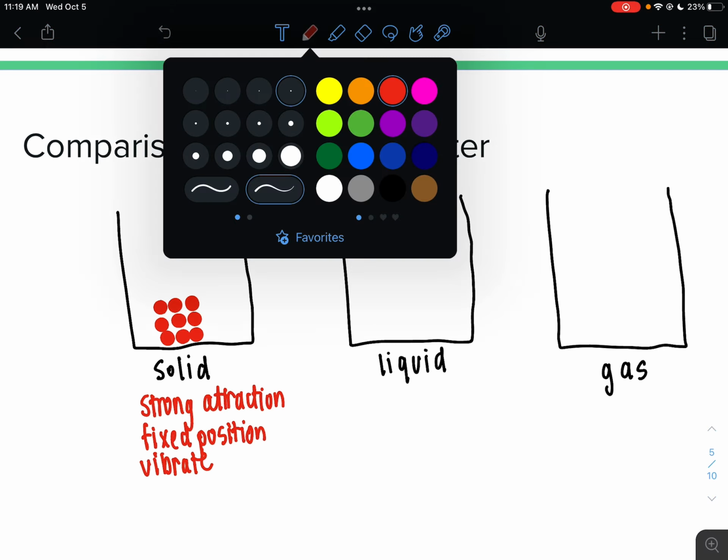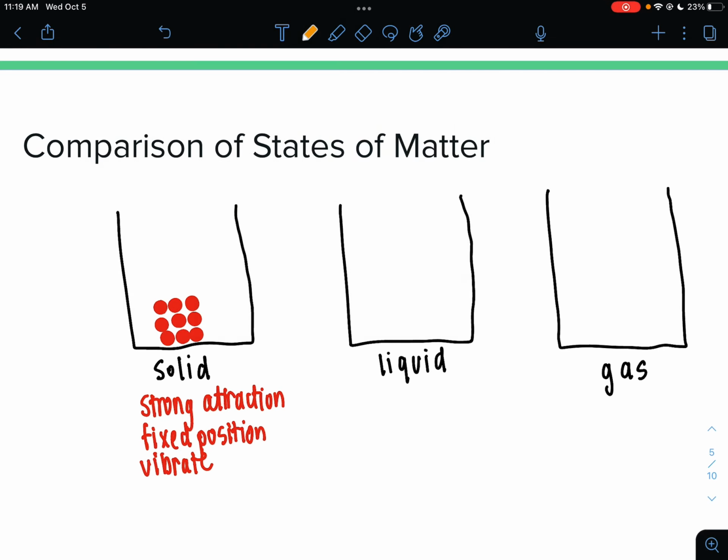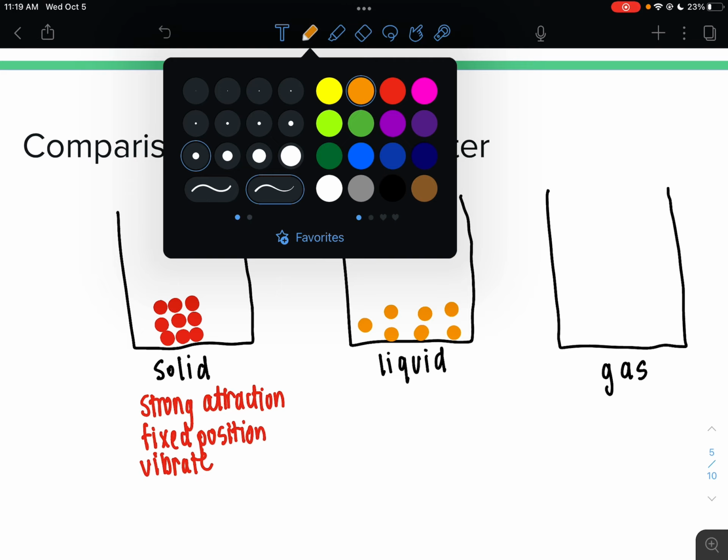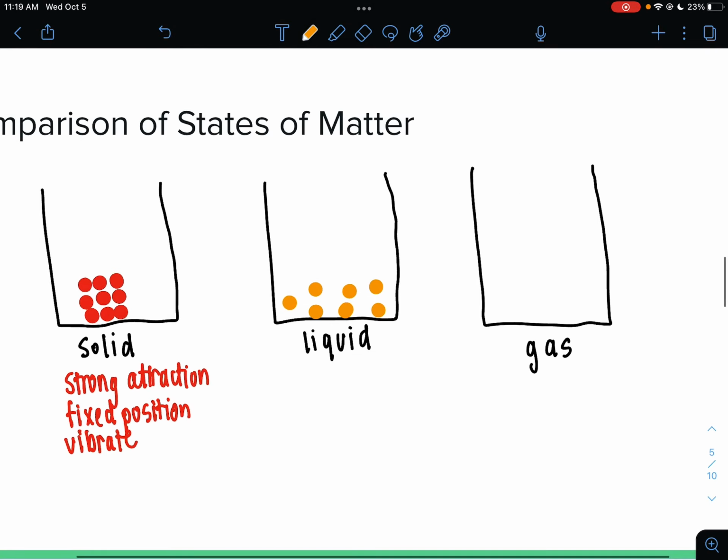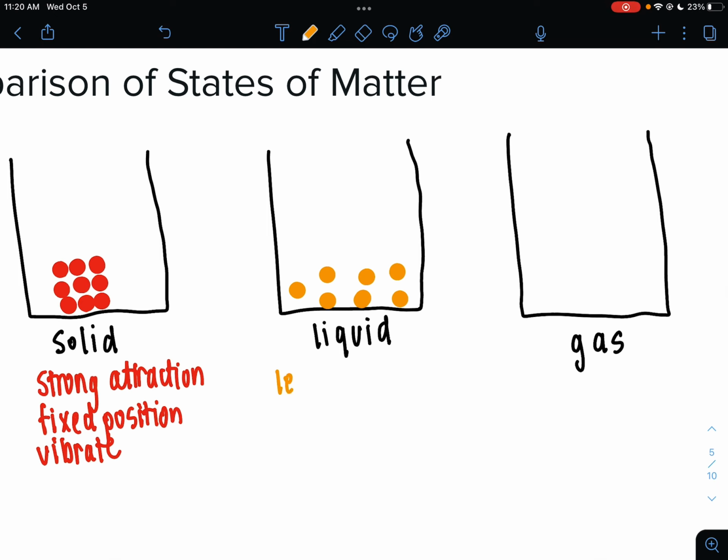When we come to a liquid, your particles are a little bit more spread out. They take the shape of the container, but they still stay near one another. So liquids have, we'll call it, less attraction than solids.